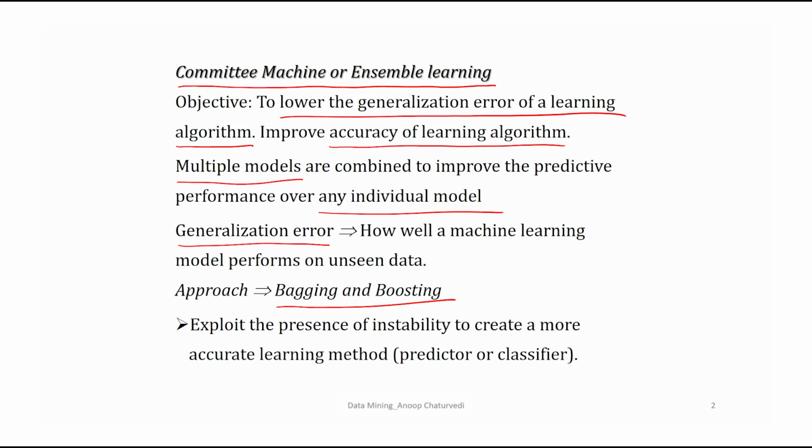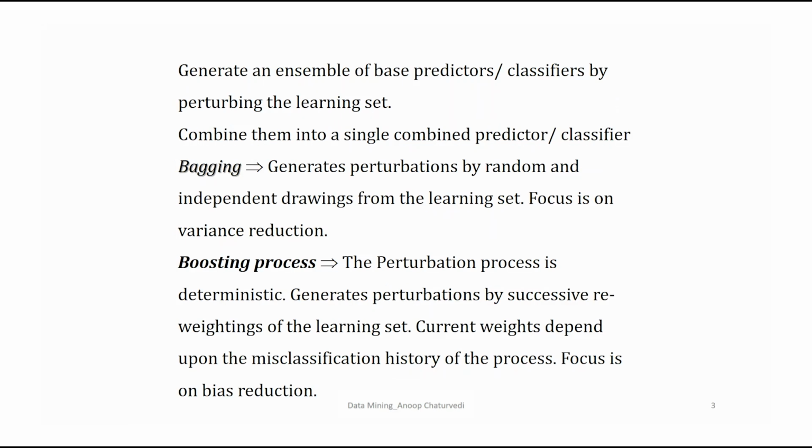Basically, committee machine exploits the presence of instability to create a more general, accurate learning model, or you get a better predictor or classifier. What we do is generate an ensemble of base predictors or classifiers by perturbing the learning set.